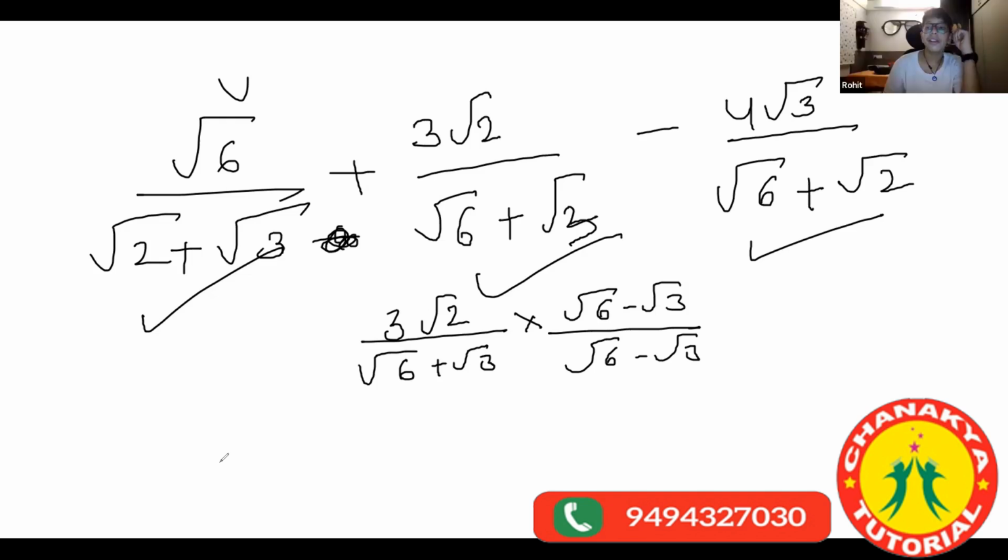Ma'am, what will be the answer for the first part, root 6 by root 2 plus root 3? Yeah, write it on the chat box. All write it on the chat box. Then I will tell you which one is correct, the first one's rationalization answer.